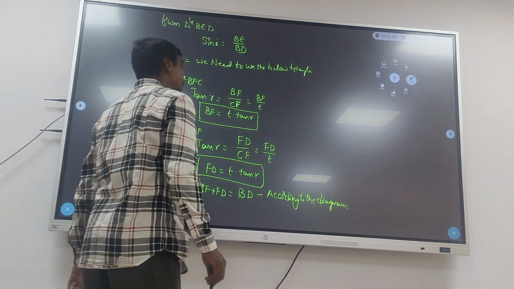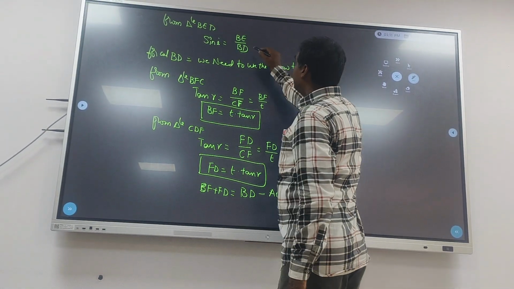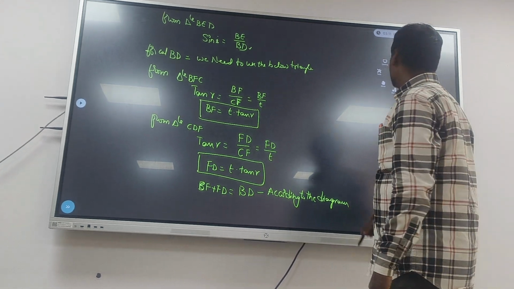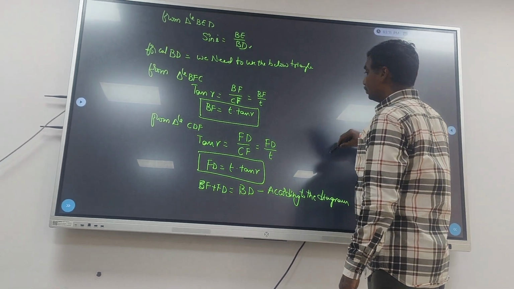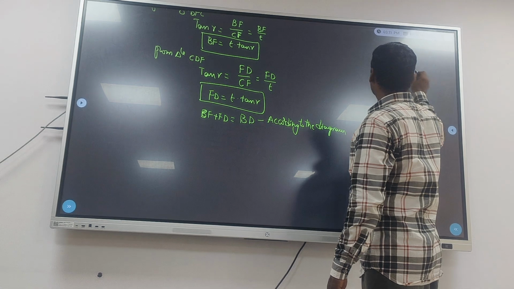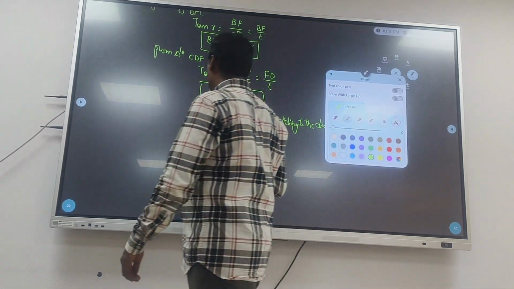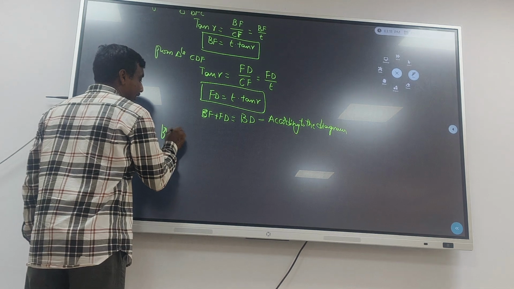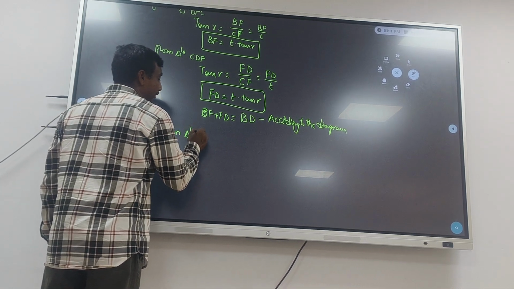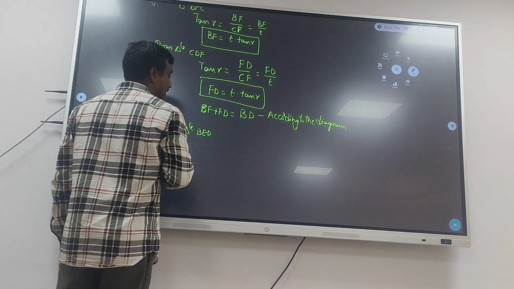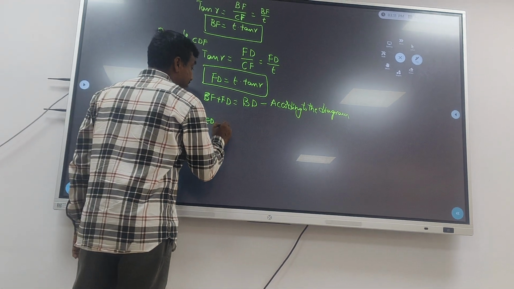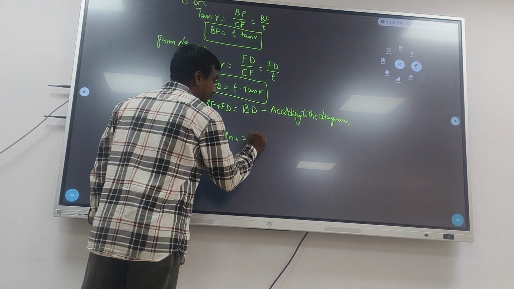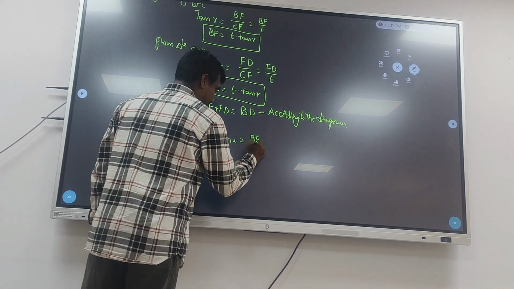Okay. So now we have the value of BD. We have to calculate the BE value. So from this, sin i is equals to, from triangle BED, what is the value of sin i? Sin i is equals to BE by BD.